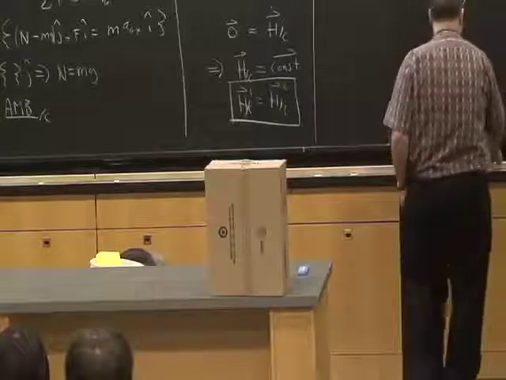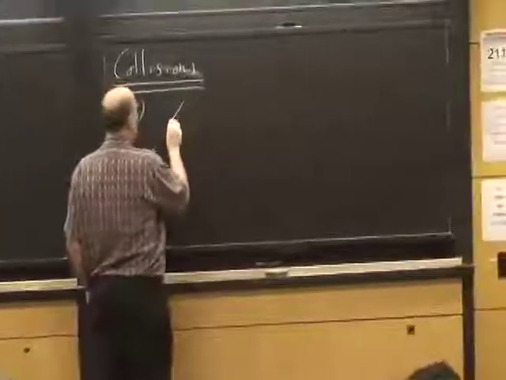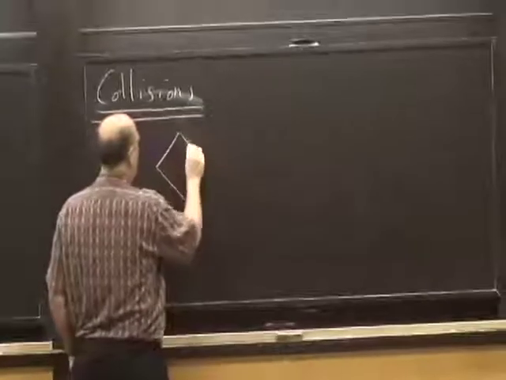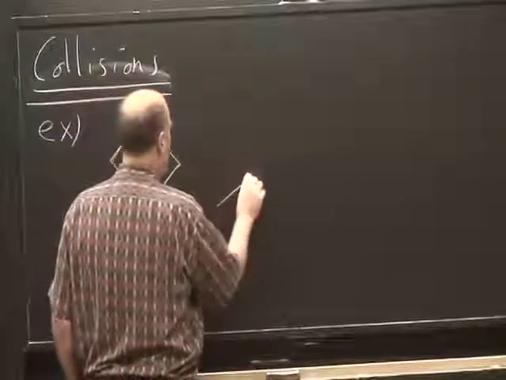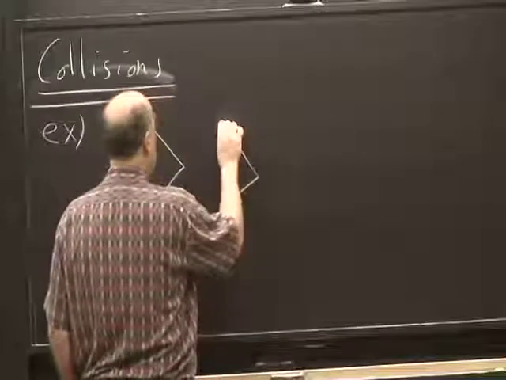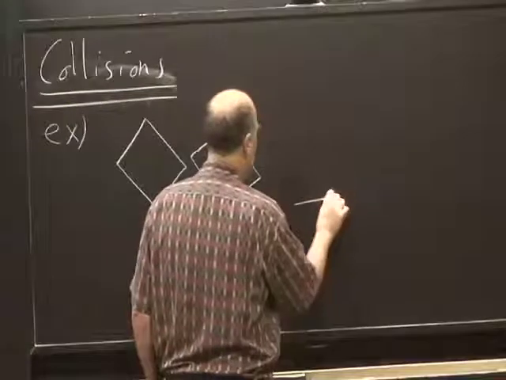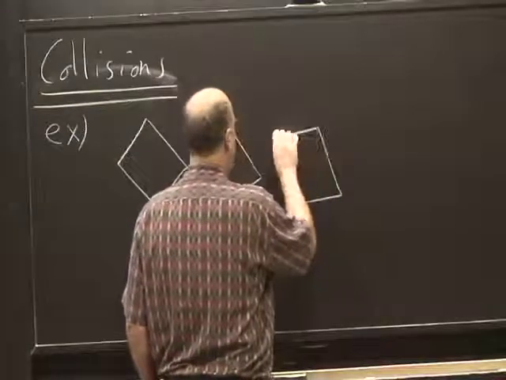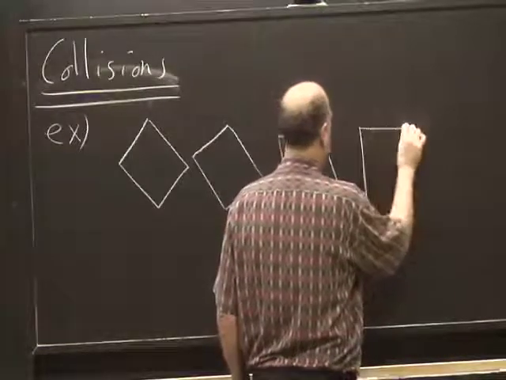So let me take this example and draw it out in stages. We're going to start out with a square box. Then it's going to tip to some angle, some intermediate angle. Then it's going to be in this situation where it's just about to collide. Then it's going to be in this situation where it does collide.